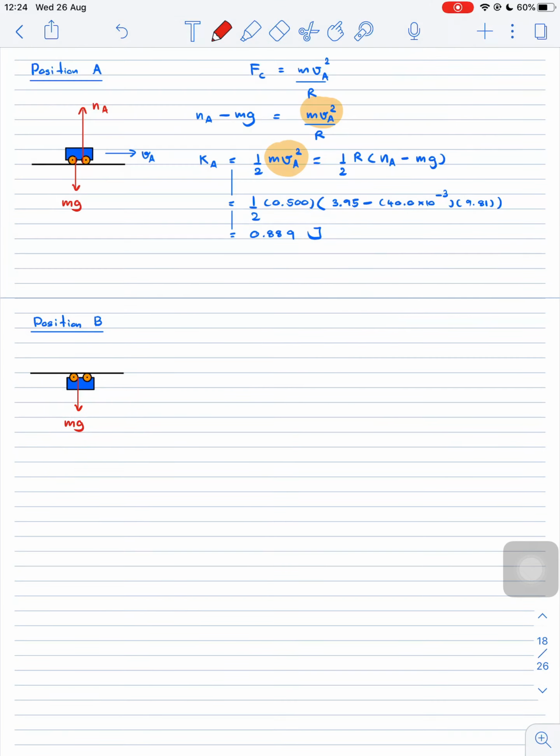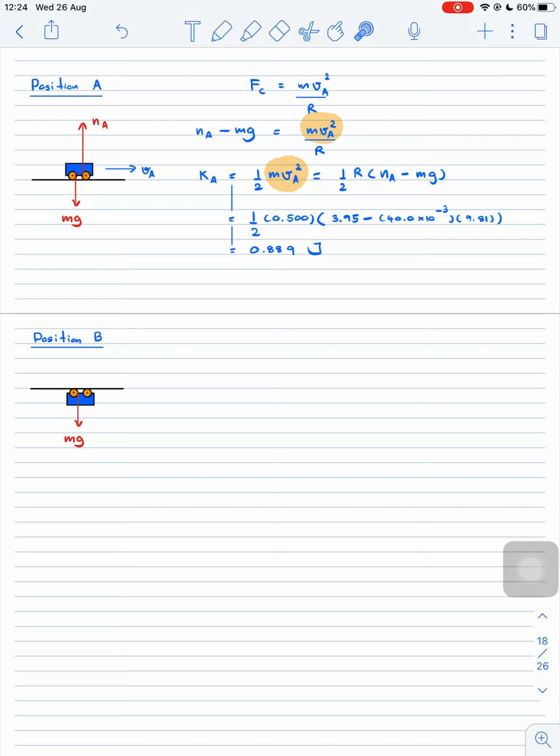We must have the normal force. But don't forget that the normal force is the force that the track exerts on the toy car. The track is above, so it will exert the force on the toy car in this direction. This is going to be NB.